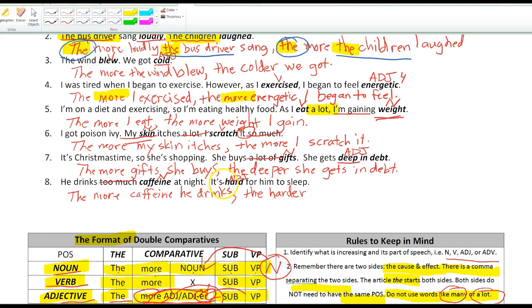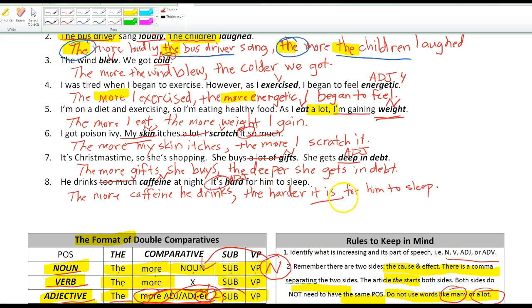Okay, and we can't do it's. We have to say it is. We have to separate that. For him to sleep. Okay, and I don't want to go in too deeply on this, why it cannot be it's.